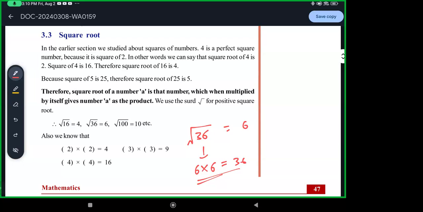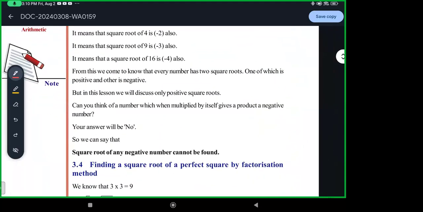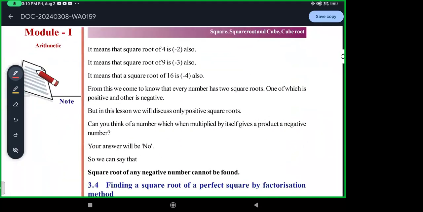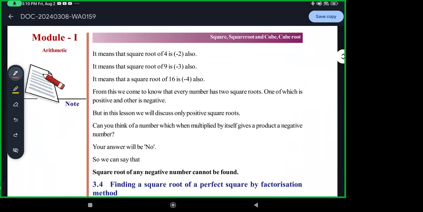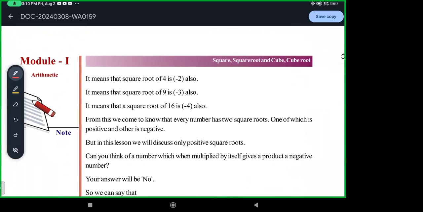Okay, then now see, square root of any negative number cannot be found. Every number has two square roots, one of which is positive and another one is negative. Okay, suppose, for example, I take 9. Now 9 can have two square roots, 9 and minus 9?